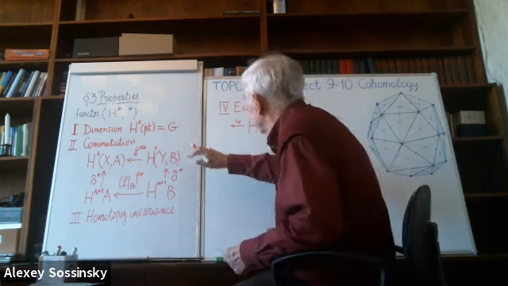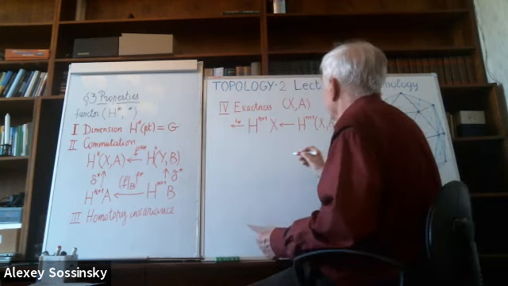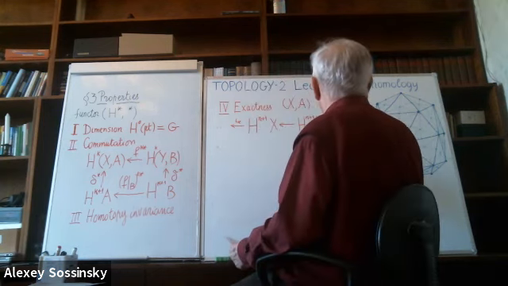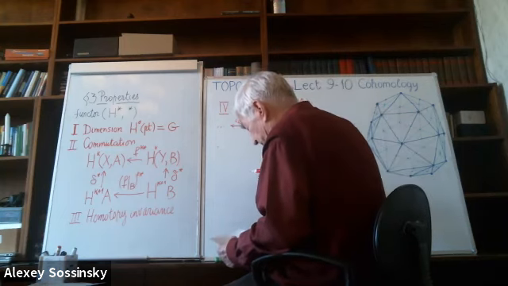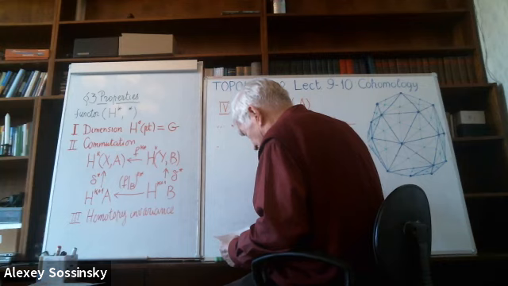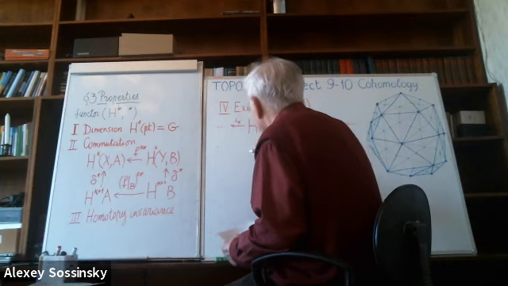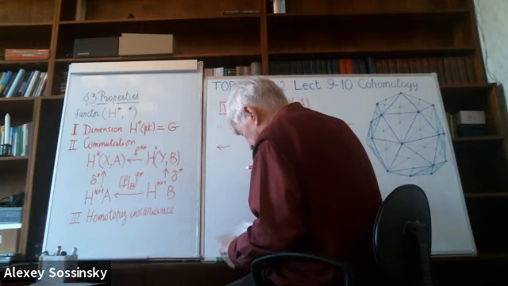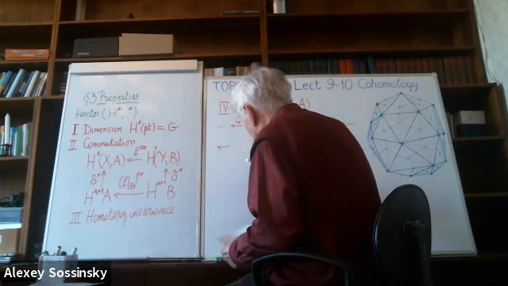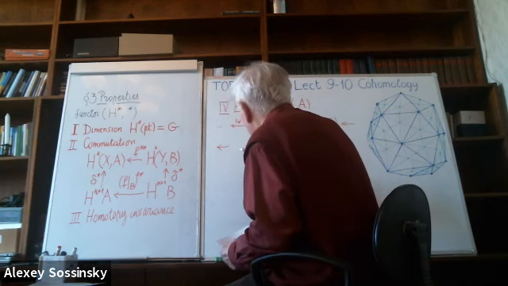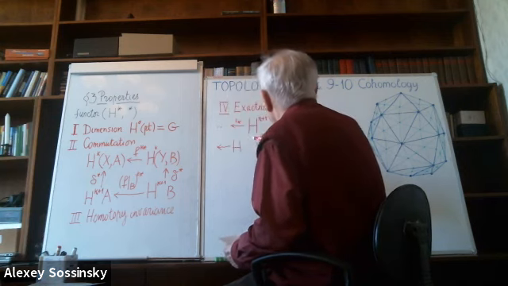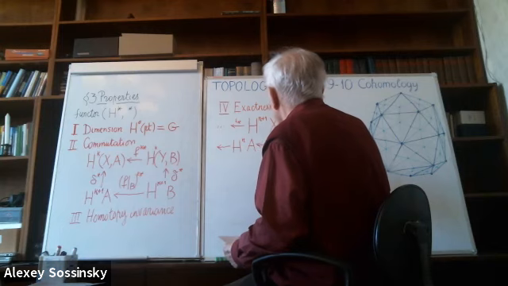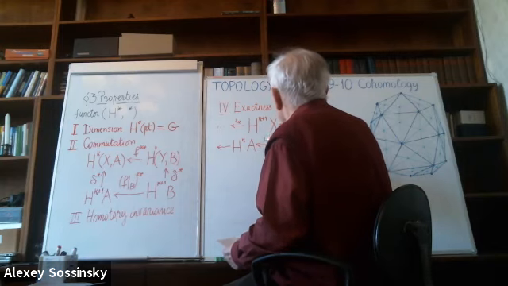I have stopped writing the coefficient groups. H^n of A. Then we have i star.